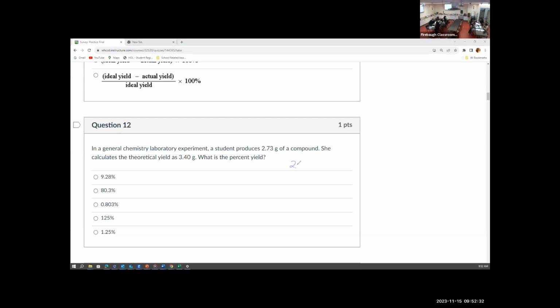So we have 2.73 as our actual divided by our ideal, which is 3.40. And we multiply that by 100%.